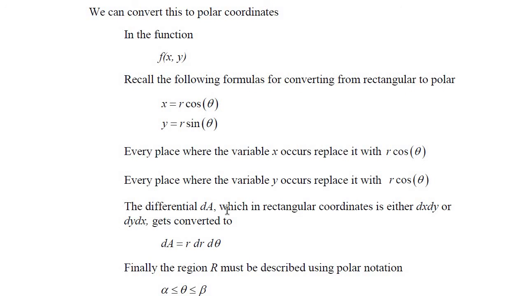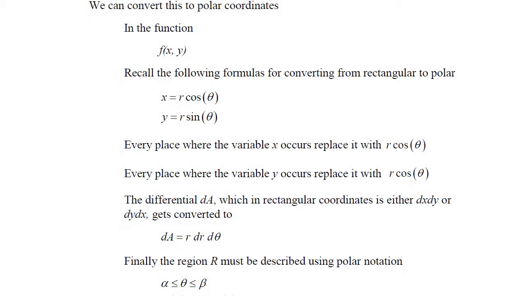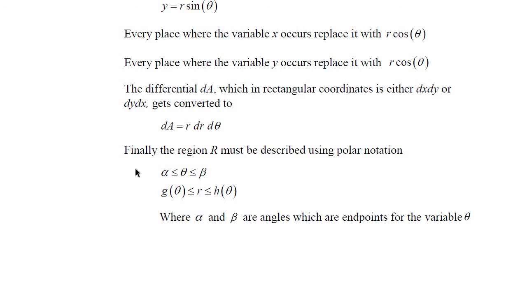Alright, the differential dA in rectangular coordinates is going to become either the dx dy or the dy dx. When we convert that into polar coordinates, that's going to be r times dr d theta. And then finally, we're going to have to write our region R in polar coordinates.